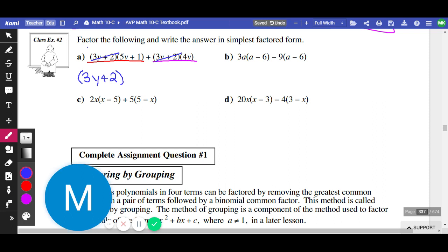On the red side, when I divide out a 3y plus 2, I'm left with a 5y plus 1. And on the purple side, I'm left with a plus 4y.